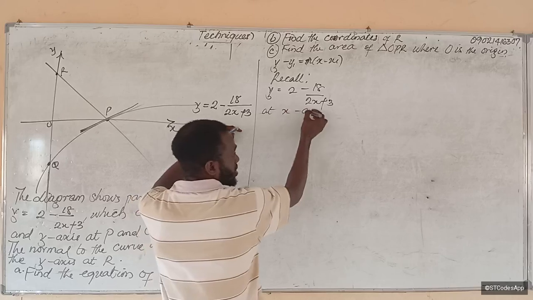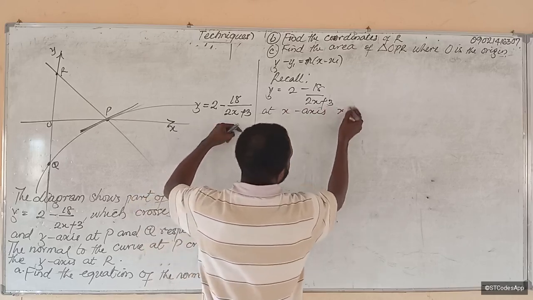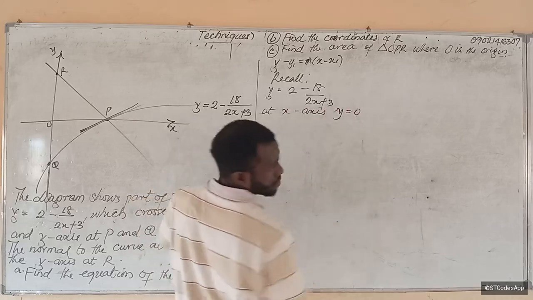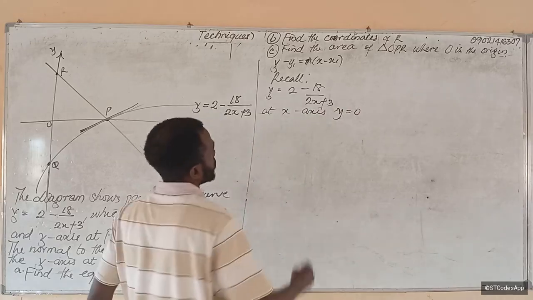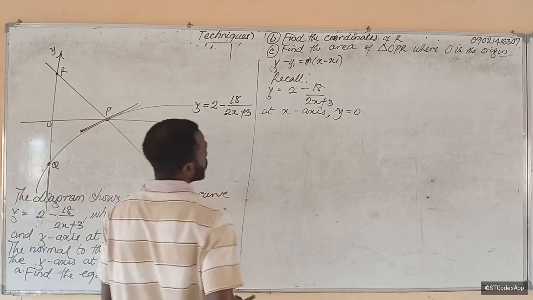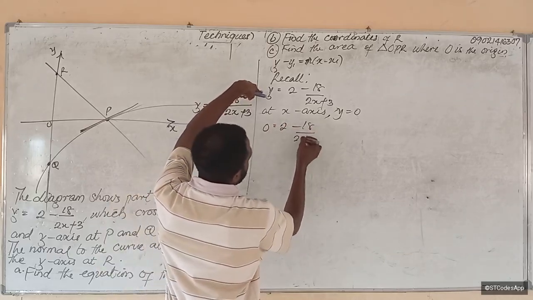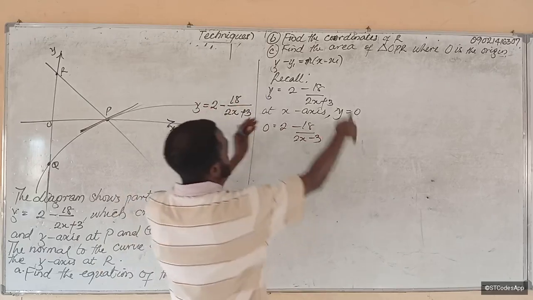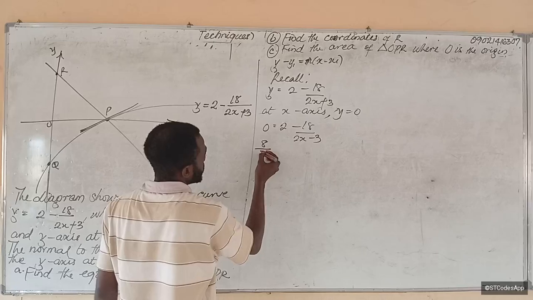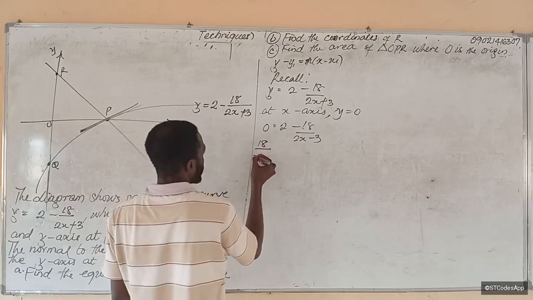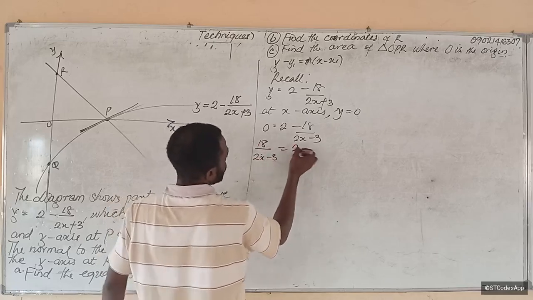At the x-axis, y will be equal to 0, so 0 equals 2 minus 18 over 2x plus 3. Let me bring this here so that we have 18 over 2x plus 3 equal to 2.